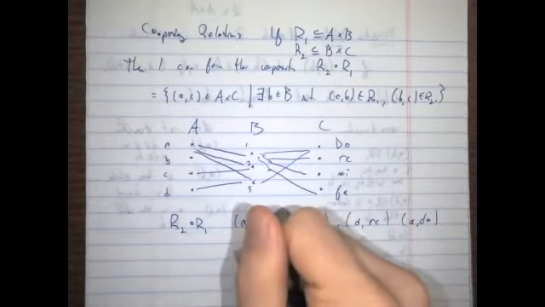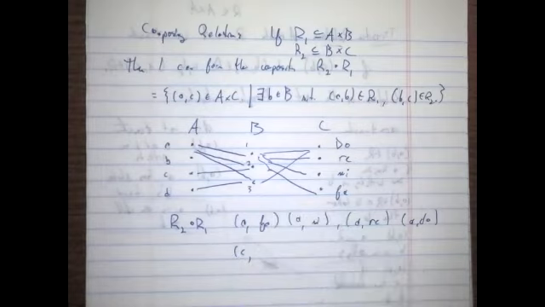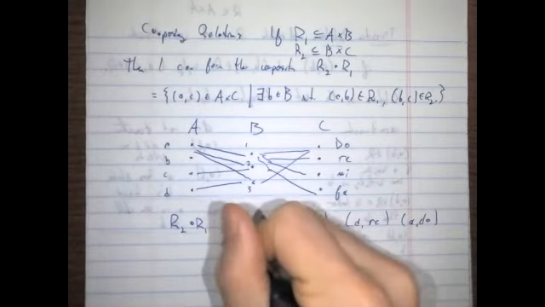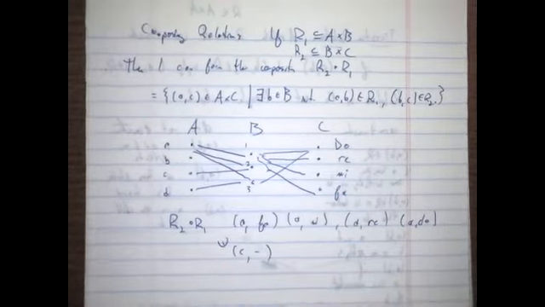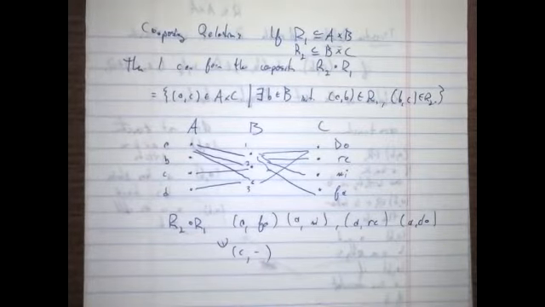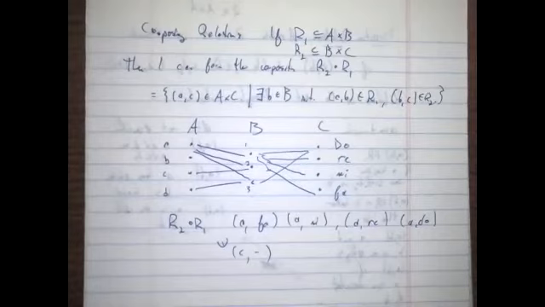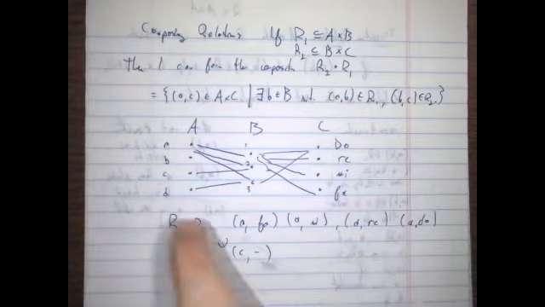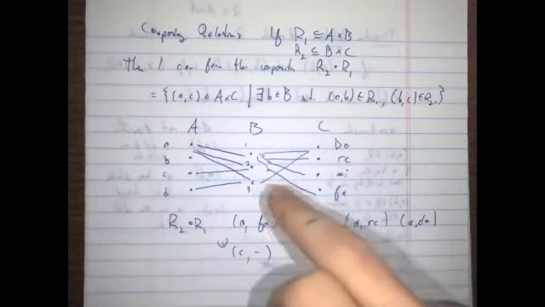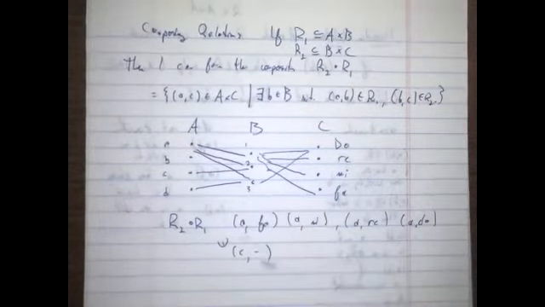So my question is, are there any tuples of the form C, comma, something inside this relation? Nope. It kind of dead ends here, right? C maps to 2, 2 doesn't map anywhere.